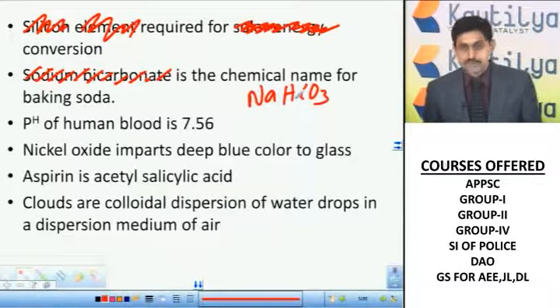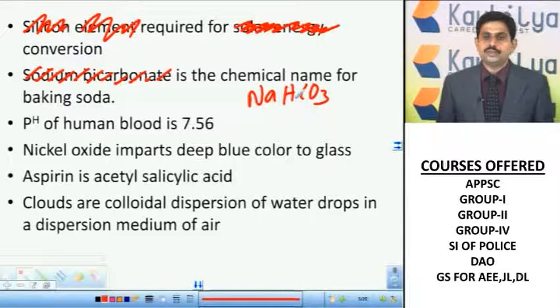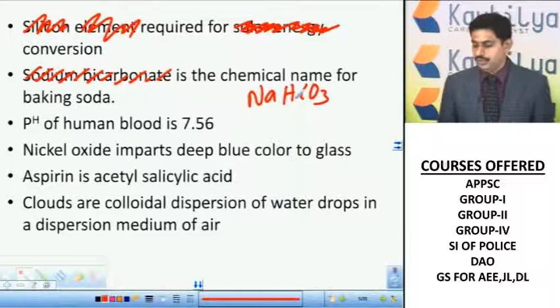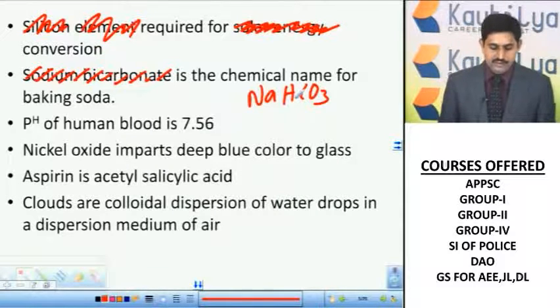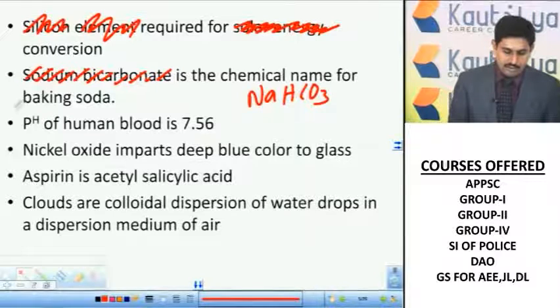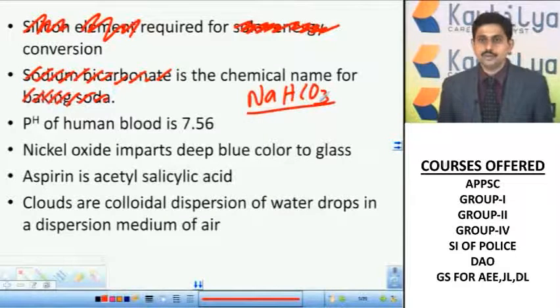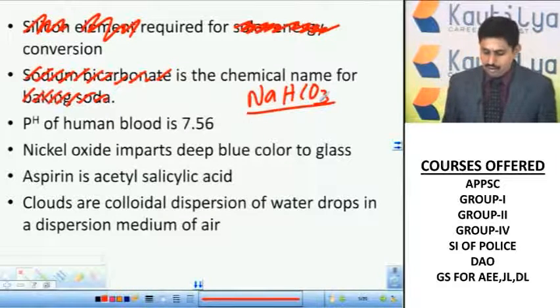Generally, baking soda is used for the smoothness of bread in bakeries, and in our houses we generally use baking soda for the smoothness of idli or dosa in our daily life. So the common name of sodium bicarbonate is baking soda. The formula is NaHCO3, sodium bicarbonate or sodium hydrogen carbonate.